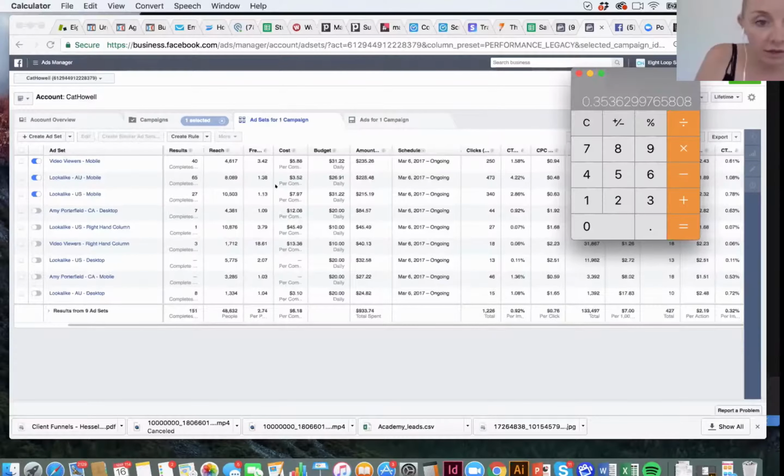Now, one of the things I'm not too happy about here that I've just noticed is reach. We typically don't turn off campaigns until they've reached 5,000 people, because normally that's when it's optimized itself. And there's a couple in here that have been turned off a little bit earlier. So I will ask my team about that. But typically we don't turn these off until a reach of 5,000, when Facebook has optimized.